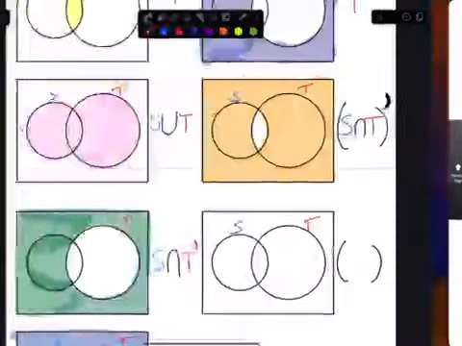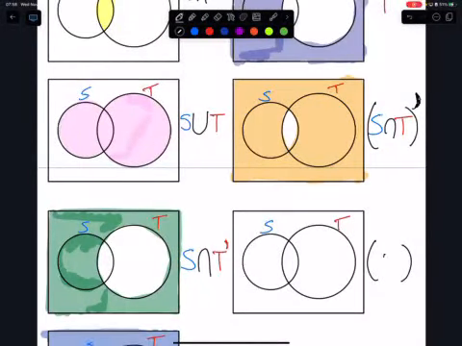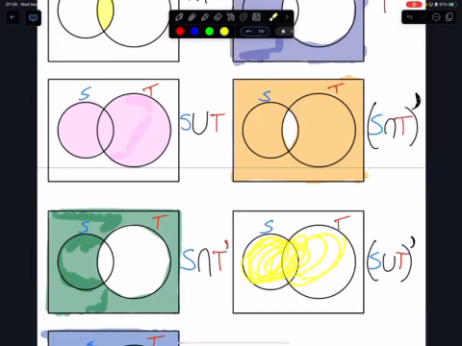So the last one is the union. The union, S and T. Brackets. The union of S and T means both of those circles, everything.